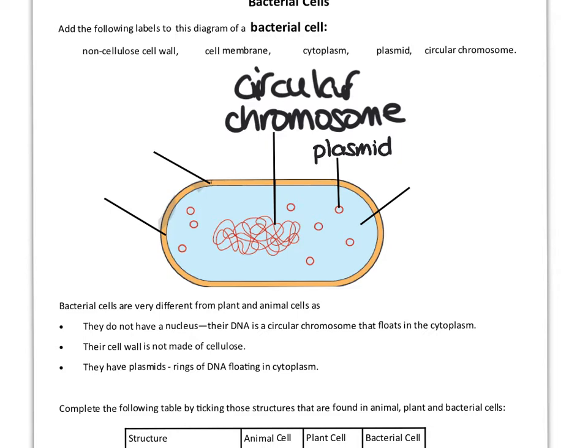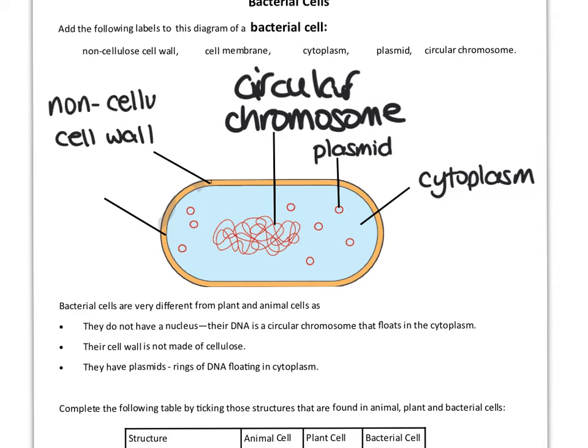Okay, Joanna, what's the blue stuff? Cytoplasm. Cytoplasm, so that's just the same as plant and animal cells. The yellowy orange thing, what's that? The non-cellulose cell wall. Yeah, so it's a cell wall, but it's not made of cellulose. Now, you don't need to learn that it's made of peptidoglycan until you do A level. So we just need to learn that it's not made of cellulose. So we write non-cellulose. And then inside it, we've got the cell membrane.